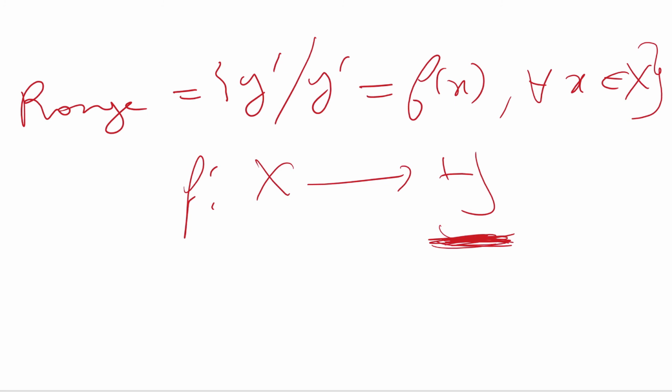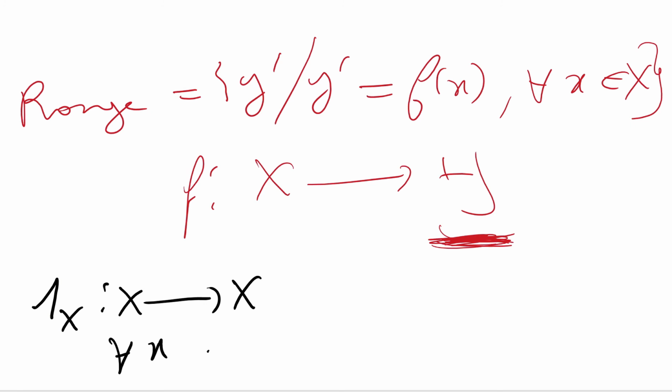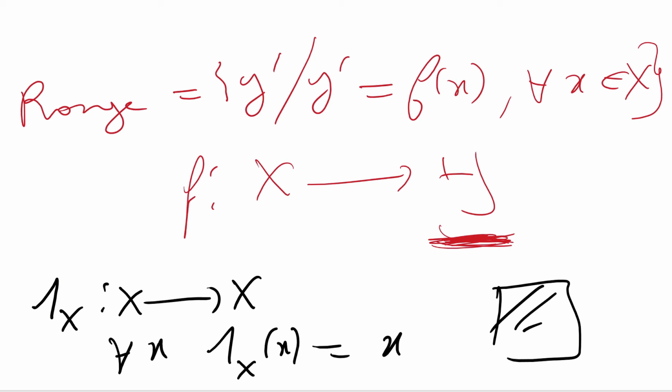And there's another thing that you have to know here: the identity function. The identity function, denoted by 1_X, which is defined from X to X, is defined by: for all x, we have 1_X of x equal to x. We have this in your lecture notes.